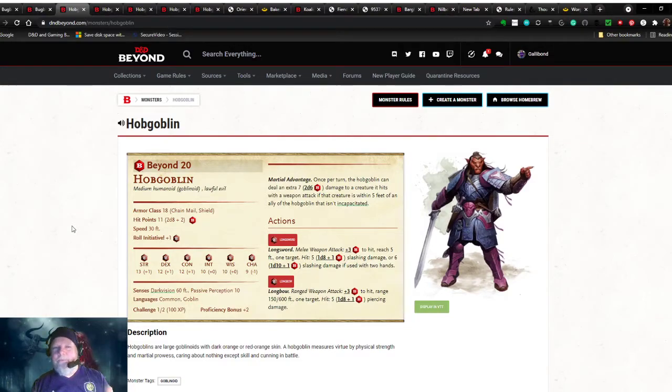And I say so far because, as you'll see, in previous editions, they have gone through and made so many different iterations of the monster manual, populating that with brand new creatures every time they print another one. So they're definitely kind of early in the life cycle of 5e at this point.